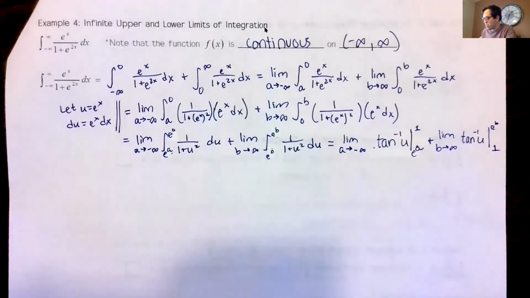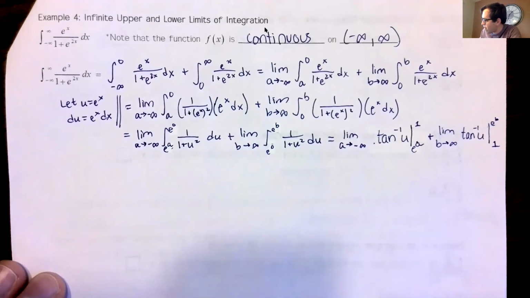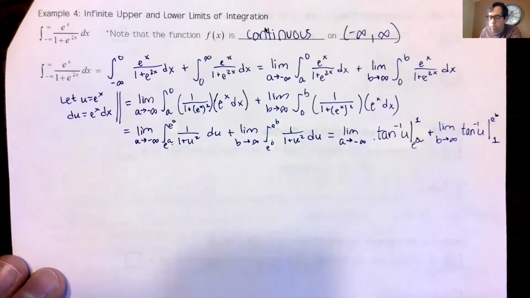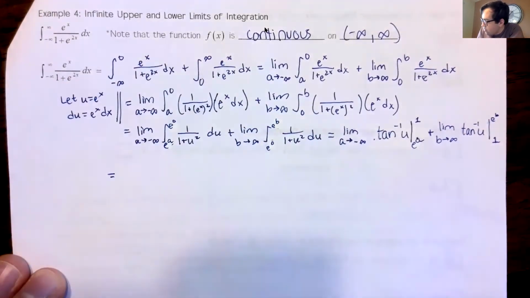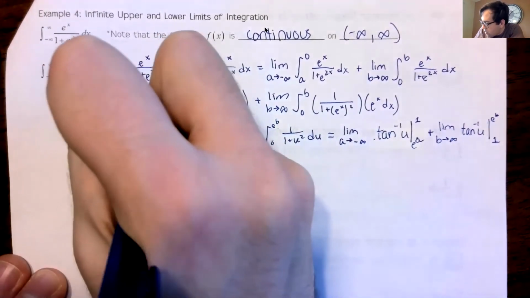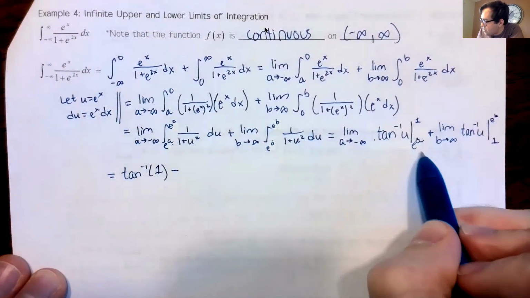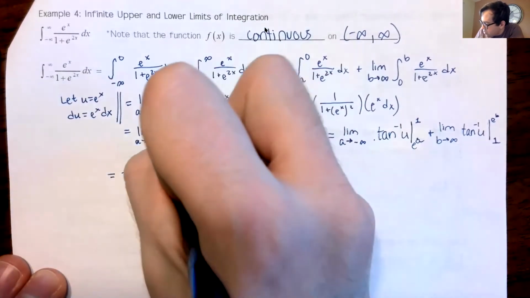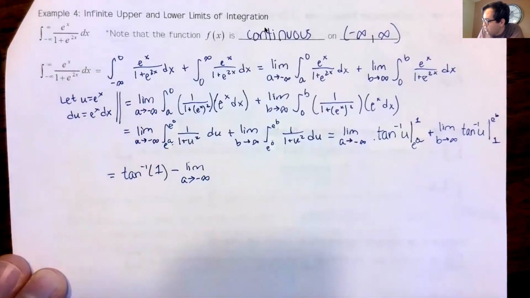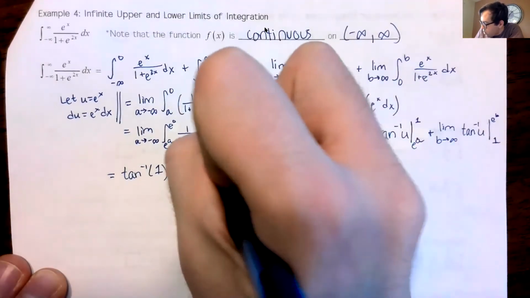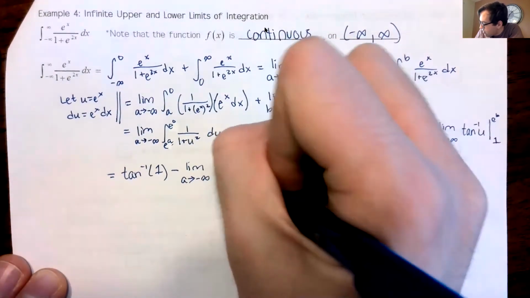Sorry about that. So let's keep going so we can actually start to evaluate this. For the first one here, we have the arctan of 1 minus, and this second one has the a in it. So we have to include the limit statement, the limit as a approaches negative infinity of arctan of e to the a.